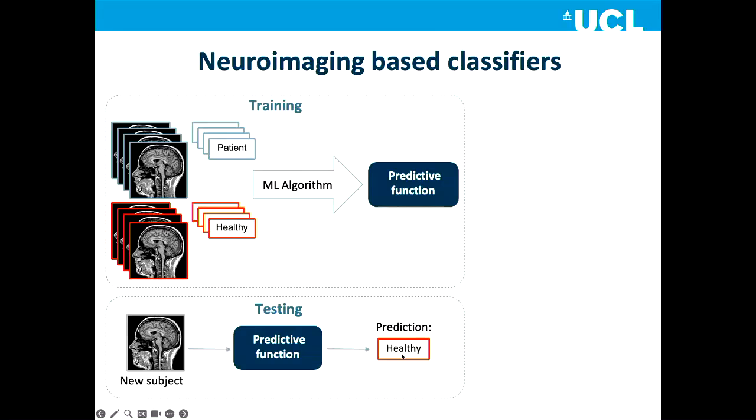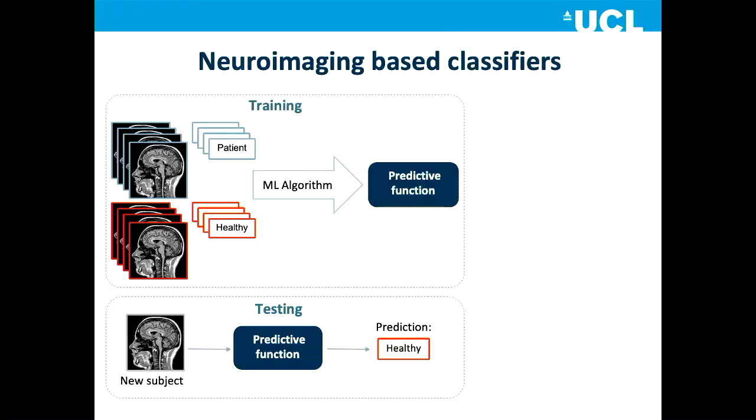There are two advantages with this approach. One is that it's a multivariate approach, so it will find subtle and distributed differences between the groups. And second, it enables single-subject prediction, having a huge potential for identifying biomarkers.